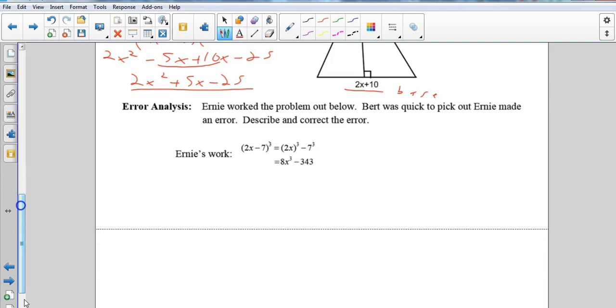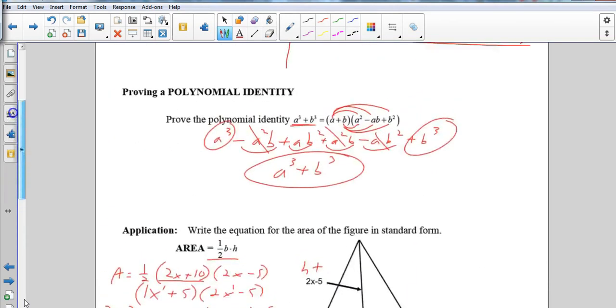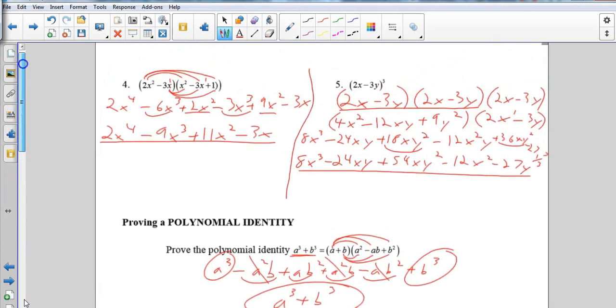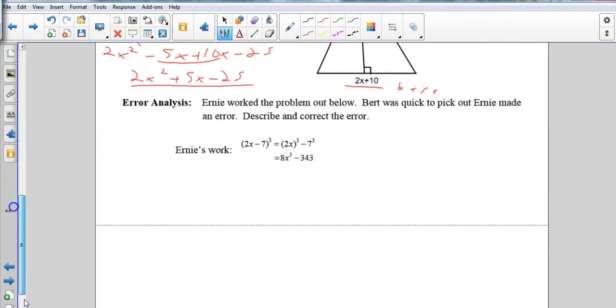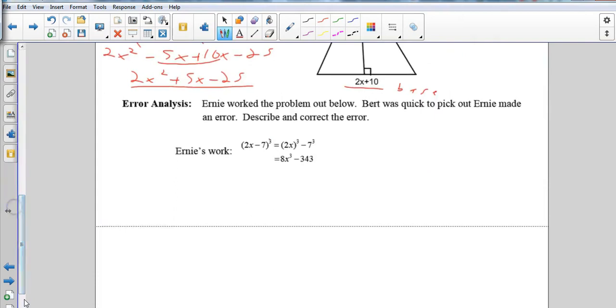But technically, this is sort of like number 5 up here. The only difference is minus 7 instead of minus 3. So it's really 2x minus 7 times 2x minus 7 times 2x minus 7, which is going to be way more complicated than what Ernie got.